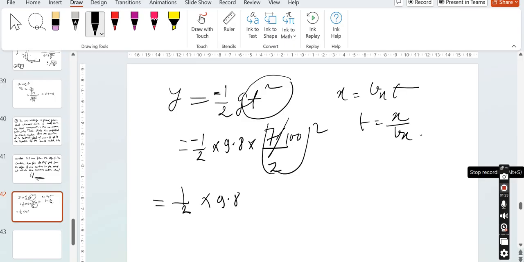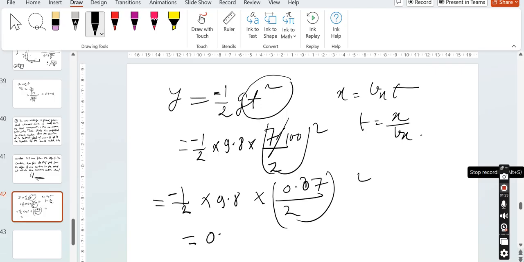You can put a minus sign, which means the negative y direction. That will give you minus 0.006 meter, or 0.6 centimeter.